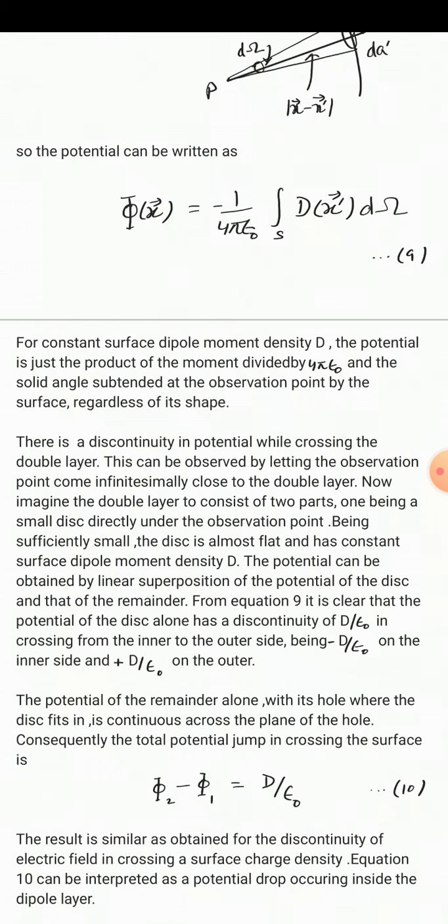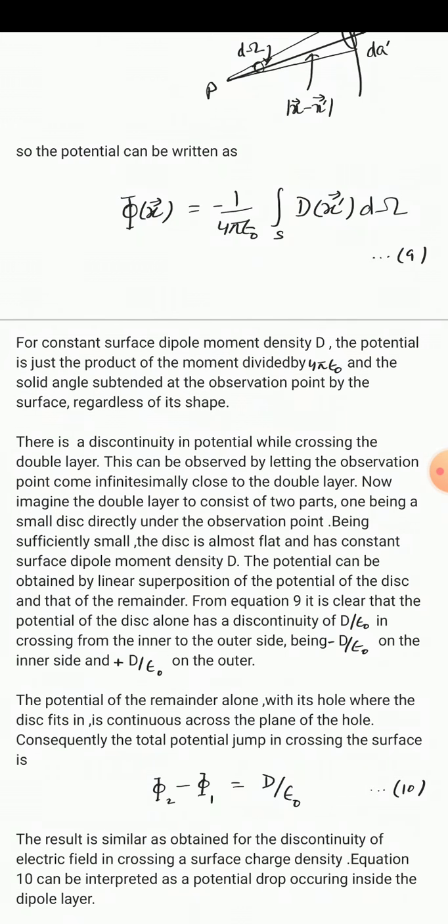Equation 9 gives us the value of the potential. For constant surface dipole moment density capital D, the potential is just the product of the moment divided by 4 pi epsilon naught and the solid angle subtended at the observation point by the surface, regardless of its shape. This is what equation 9 tells us.